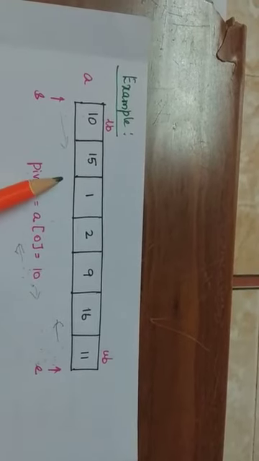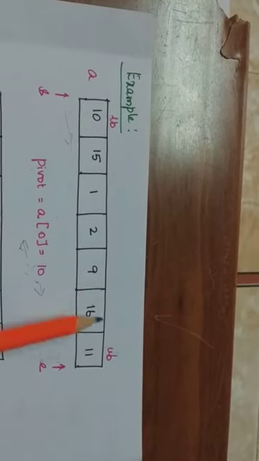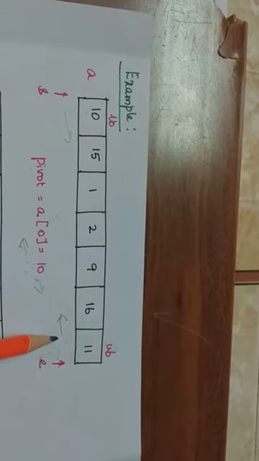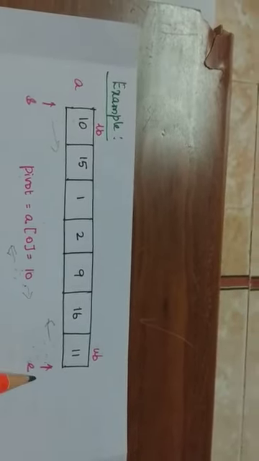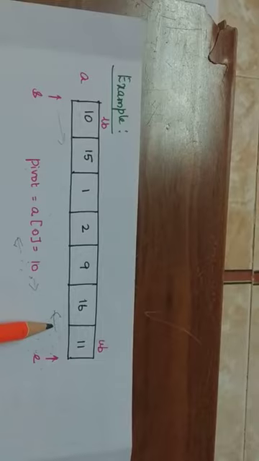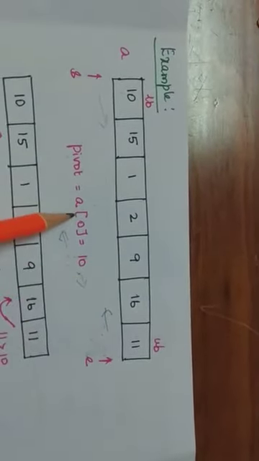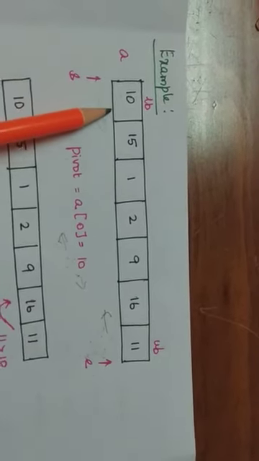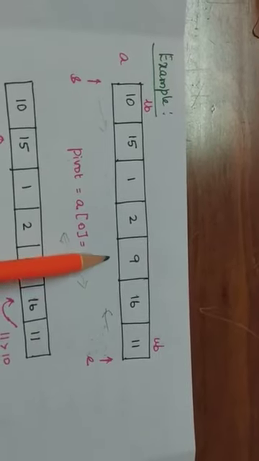When S has not crossed E and the condition is violated, we swap the values of S and E. When S has crossed E, we swap the pivot element with the end element. That is, we swap the lower bound element with the element wherever the end position points to.